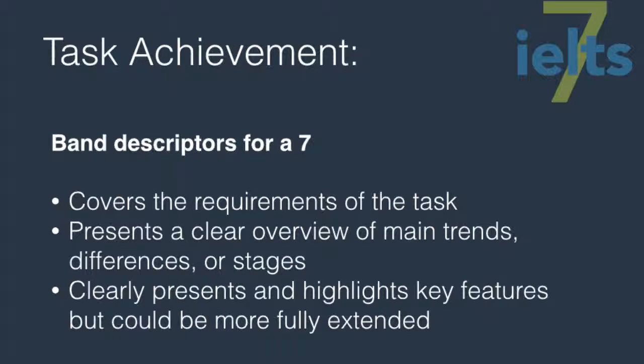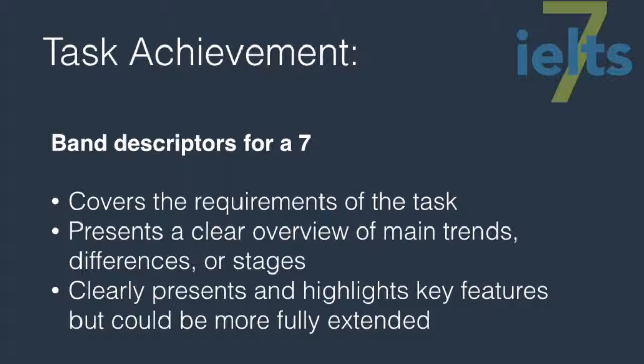So before we start, we need to take a look at the band descriptors for a level 7 in task achievement. What do I mean by that? Well, there are lots of things we could talk about, but the band descriptors really talk about only 2 things at this point. Here are the band descriptors for Task 1 academic writing, task achievement, band 7. That it presents a clear overview of the stages, main trends and differences.